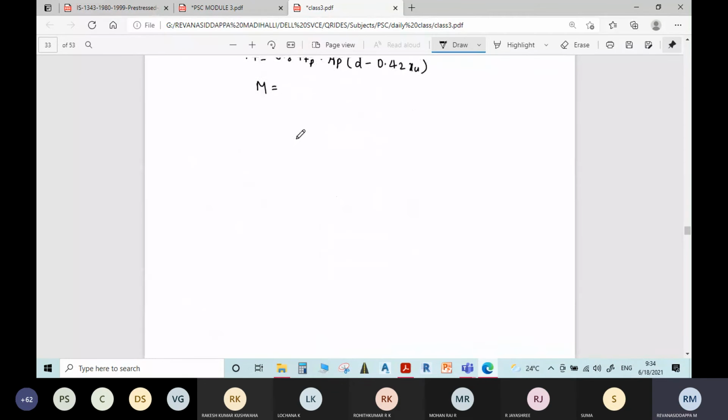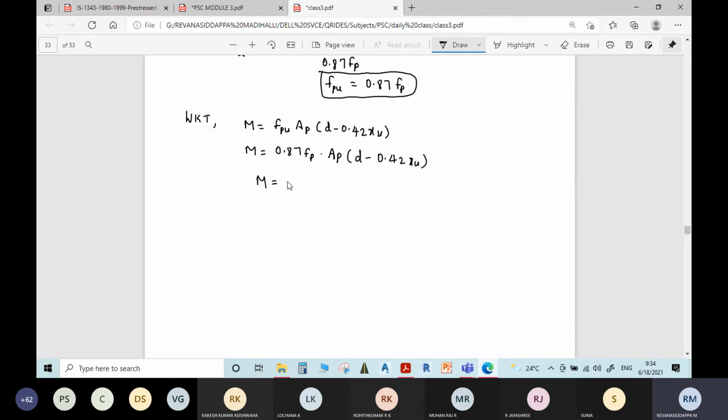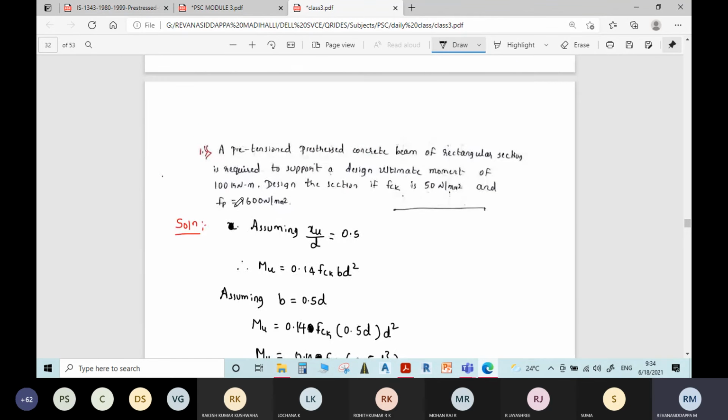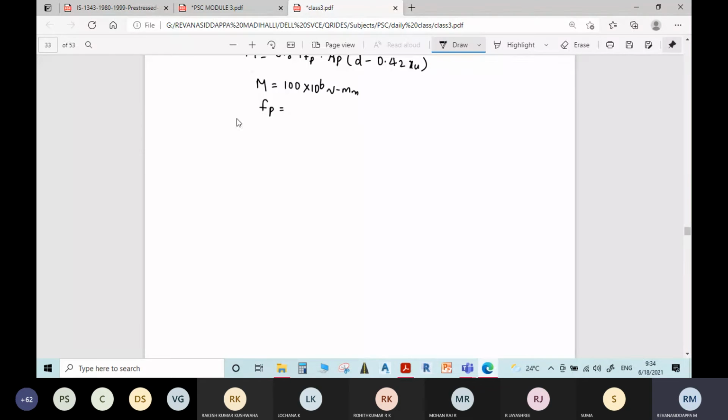It is given as 100 kilonewton meter. M is equal to 100 into 10 power 6 Newton millimeter. Then the FP is given. How much is it given? FP is 1600 Newton per mm square.